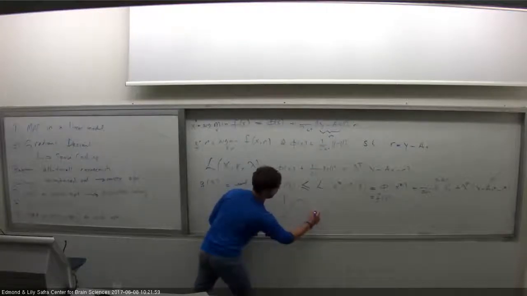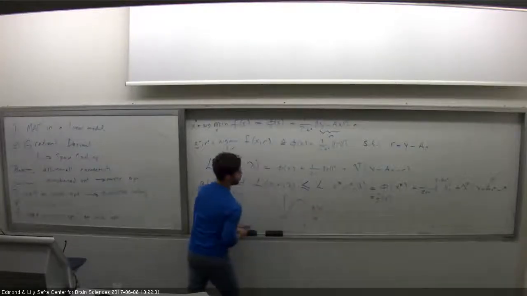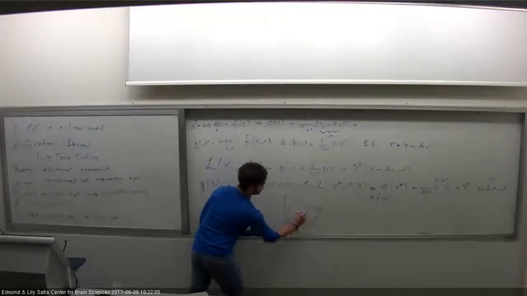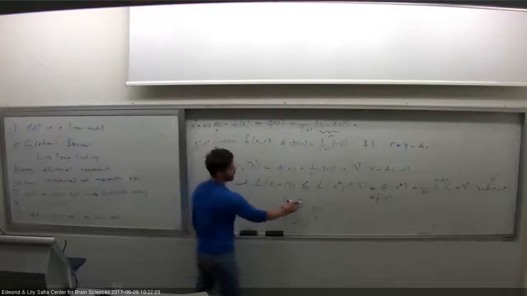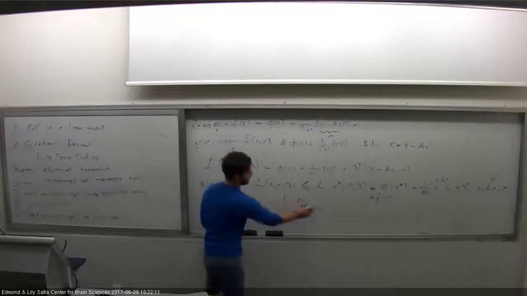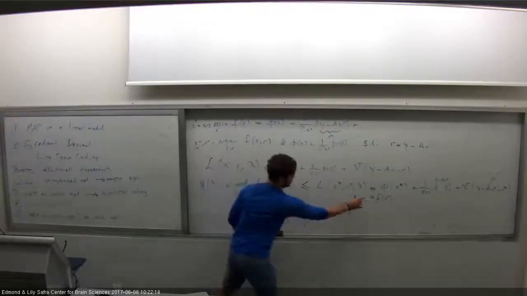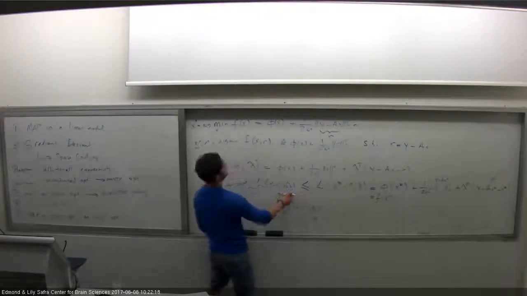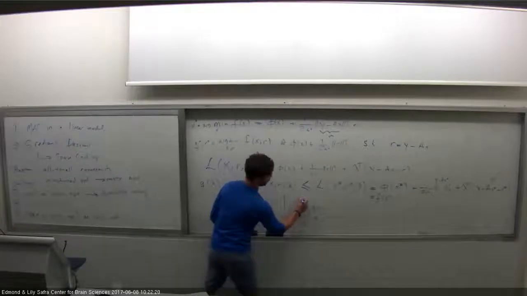So here is g of lambda. For our kinds of problems, it turns out that this will be the optimal value of lambda. When you maximize this function, the value that you achieve will be this value. So this inequality becomes an equality: g of lambda star is equal to f of x star.